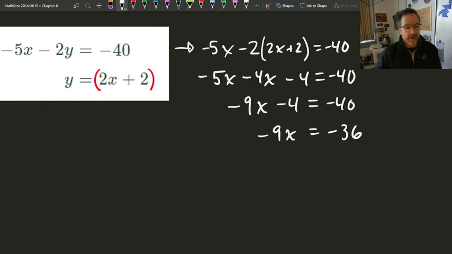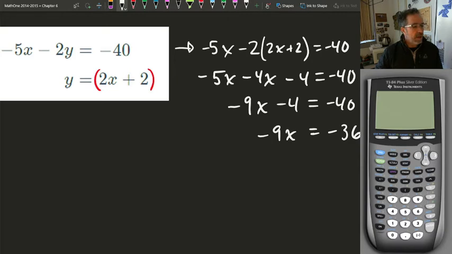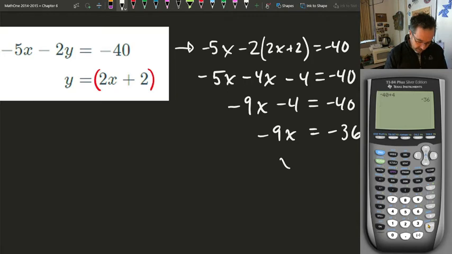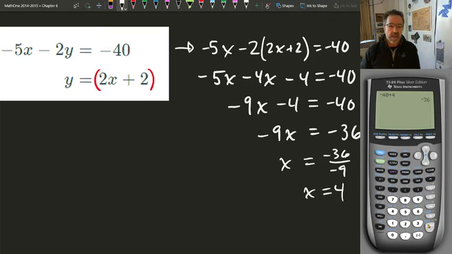Remember, it's always okay to use a calculator, especially if there's even a momentary pause. I got a negative 40, and I'm going to add a positive 4, right? I'm adding 4 to both sides. And then finally, I'm going to divide both sides by negative 9. So x is negative 36 over negative 9. X is the number 4. 4 times 9 is 36.